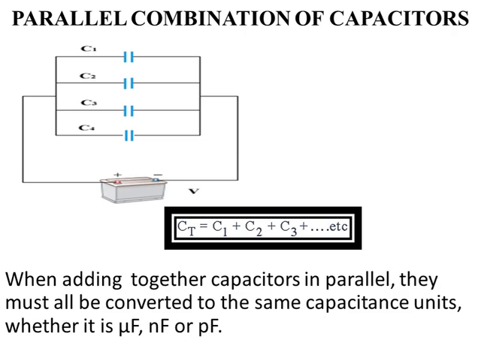Now this says when adding together capacitors in parallel, they must all be converted to the same capacitance unit, whether it is microfarad, nanofarad or picofarad. This is very, very important. When you are trying to get your equivalent capacitance, all your capacitors must be in the same unit.